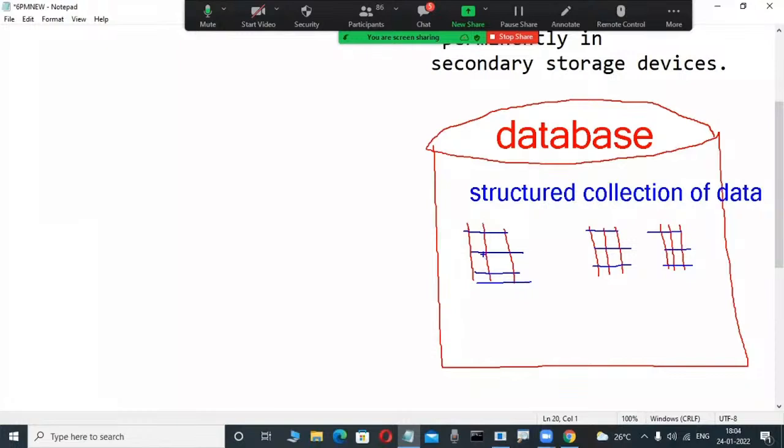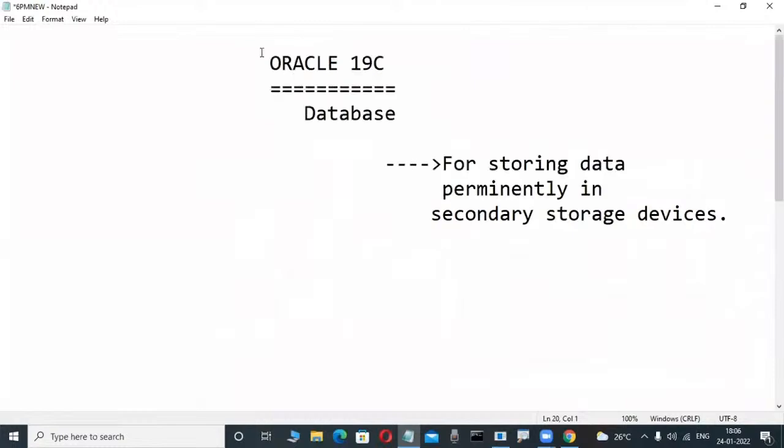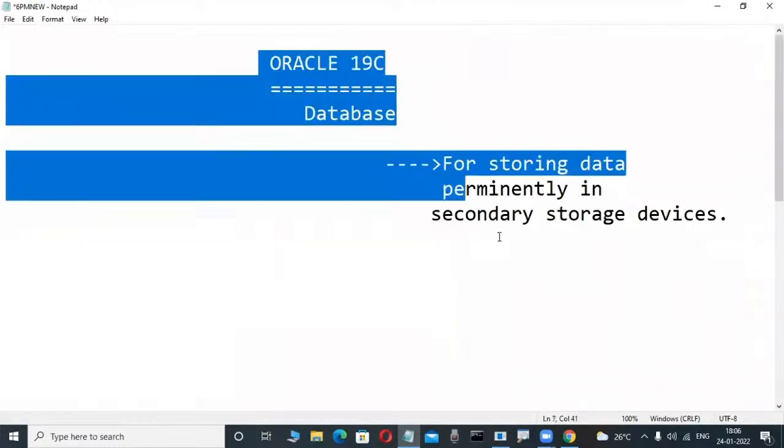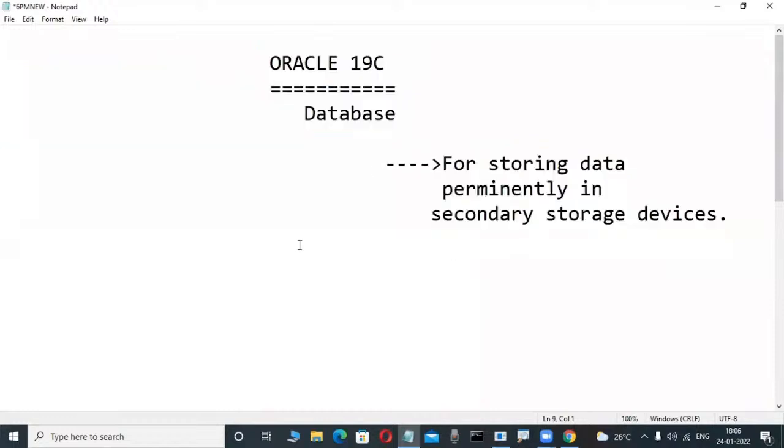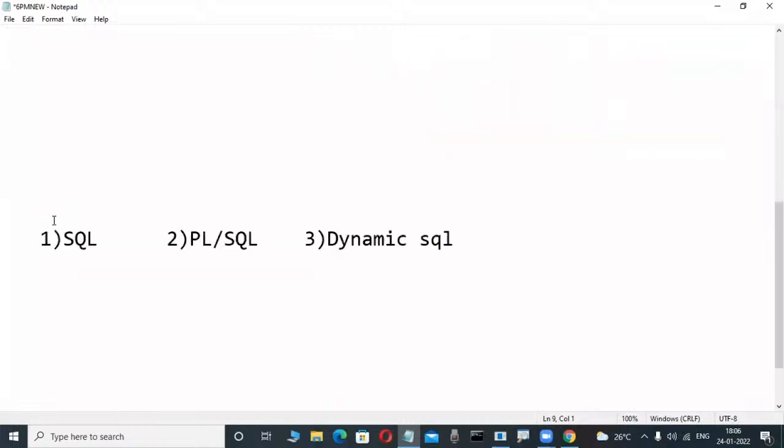Once a structured collection of data is there, for handling and operating this data, which language do we use? Very good. SQL, structured query language. That's why these databases are implemented based on the relational data model. What is that? I will tell you today. These databases, Oracle, SQL Server, DB2, Sybase, MySQL, are all implemented based on the relational data model concept.